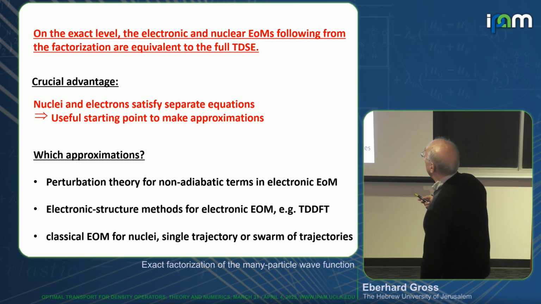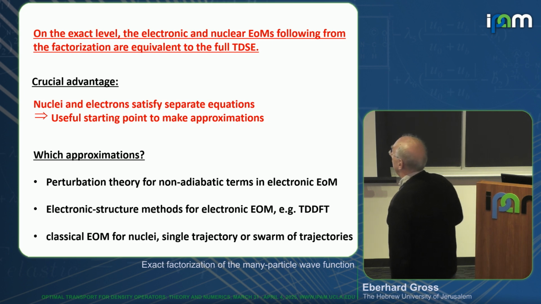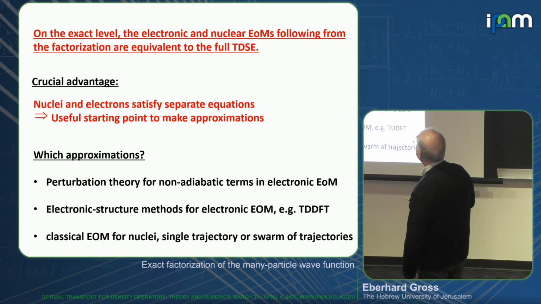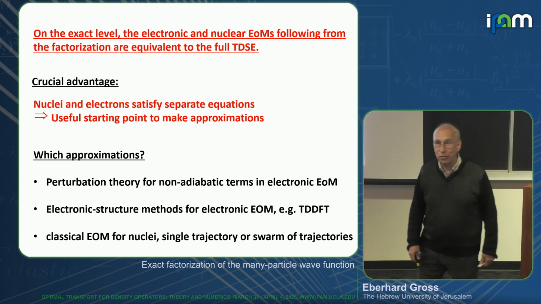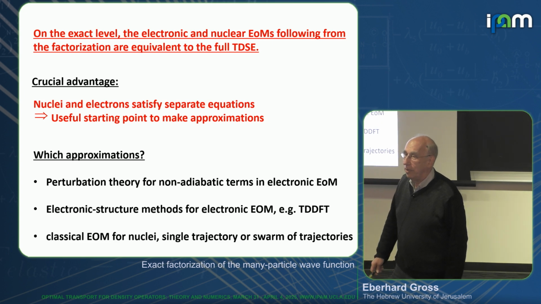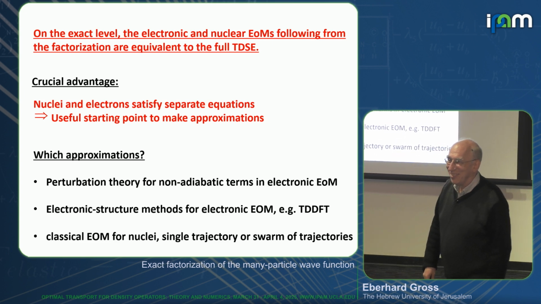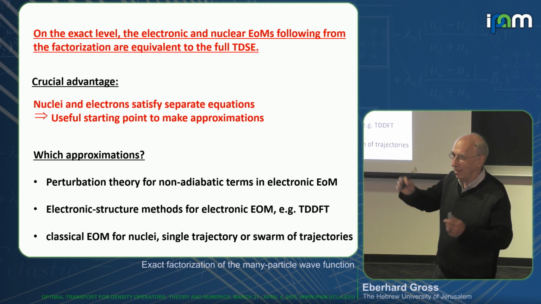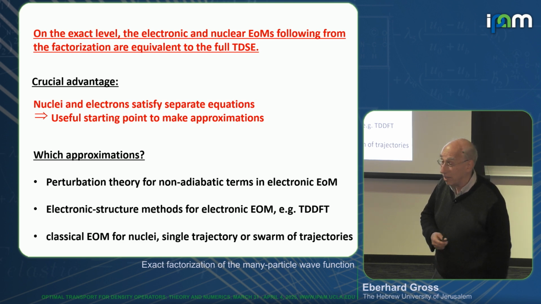Now, an important point is, on the exact level, this is fully equivalent to the full Schrödinger equation. One could get the idea that maybe by propagating these two equations, it's numerically easier, but it's not. It's harder. It's a nonlinear problem. It's non-Hermitian. It's all kinds of complications in the electronic equation that you usually don't want.